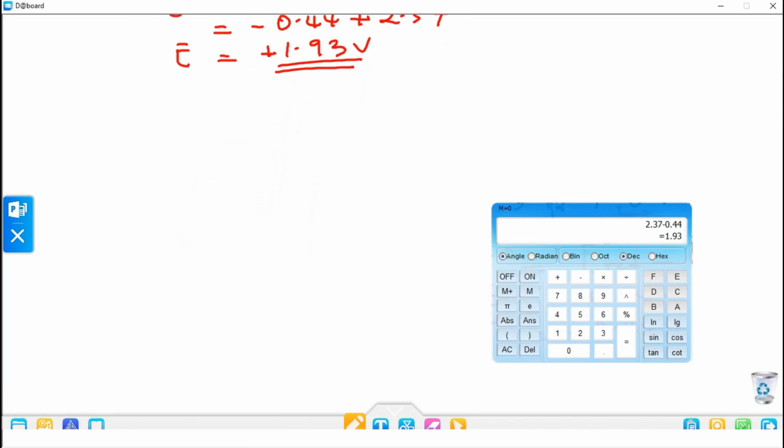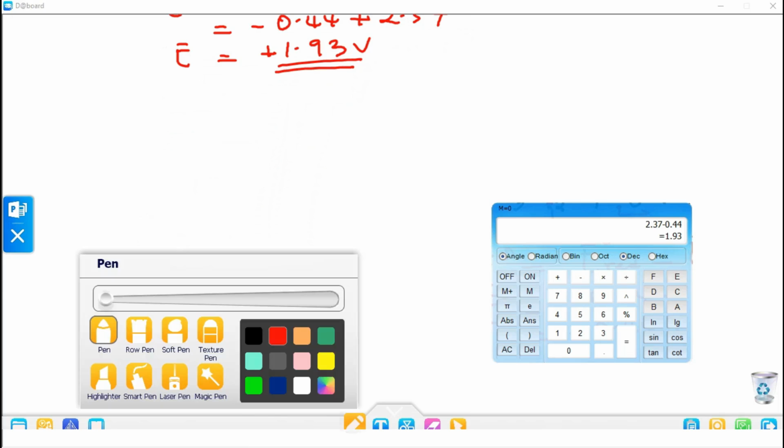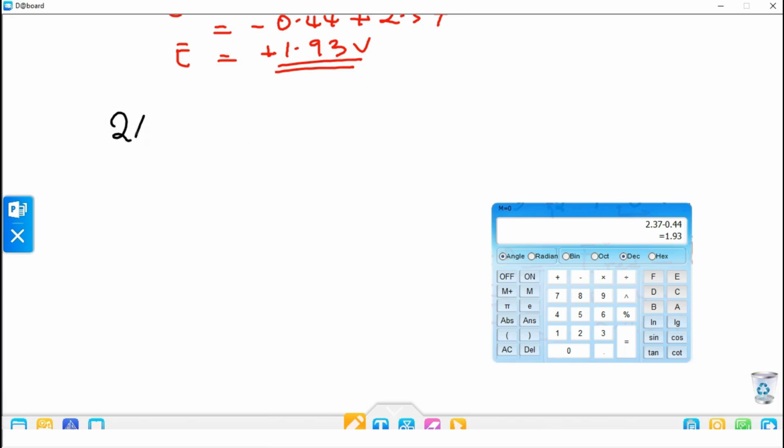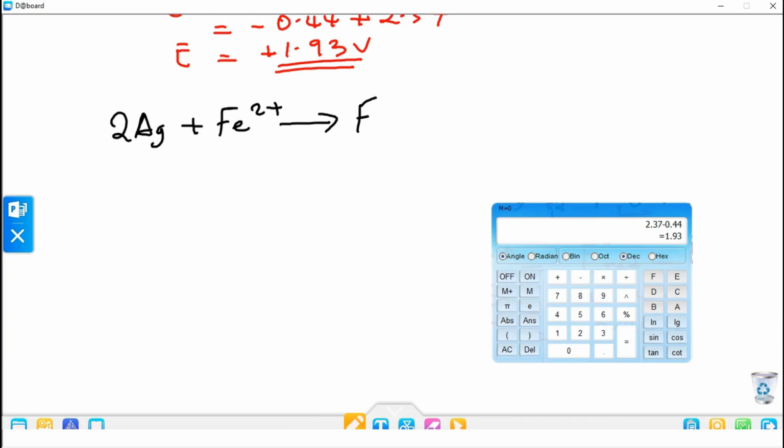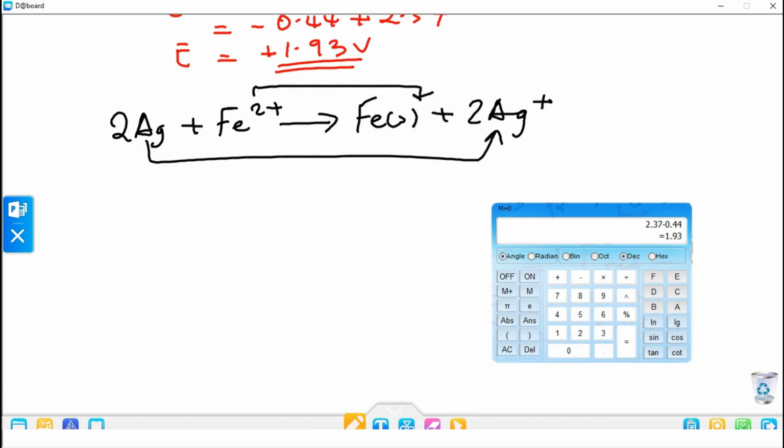From our equation, 2 silver reacts with iron 2, and we have the other part, solid iron and silver plus. So from the equation, iron has been reduced while silver has been oxidized.